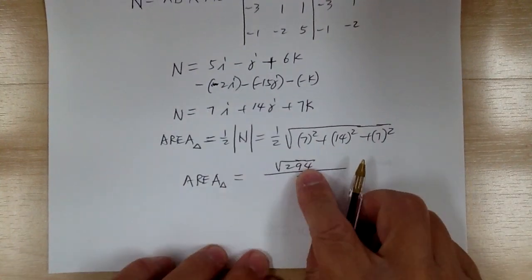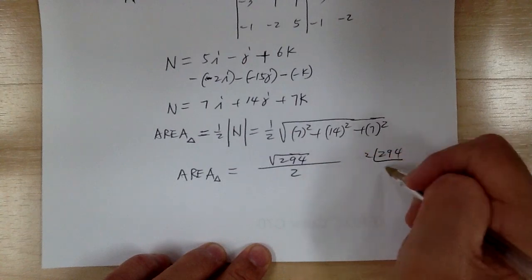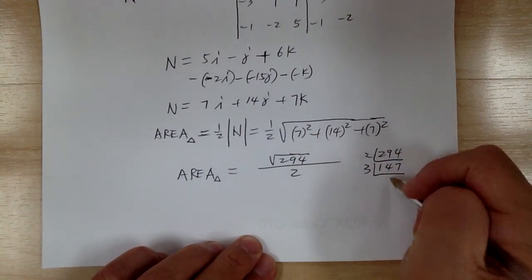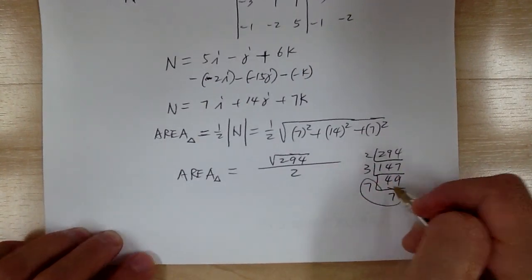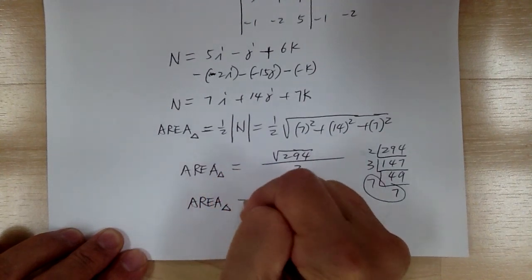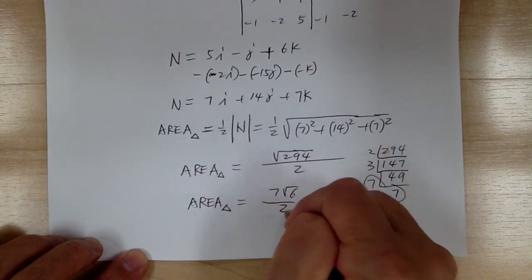And you want to see if you can simplify that. So 294 divided by 2, you get 147. Divided by 3, you get 49. And from here you can get 7 and 7. So this comes out not too bad. So the area of the triangle equals 7 square root of 6 over 2.